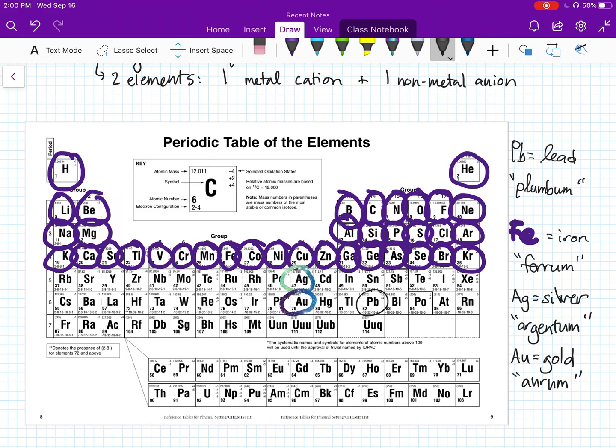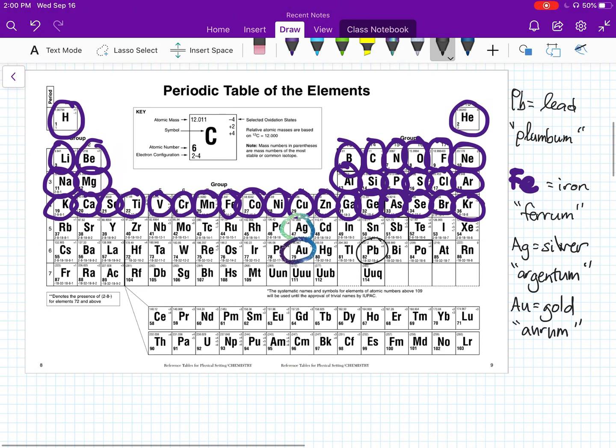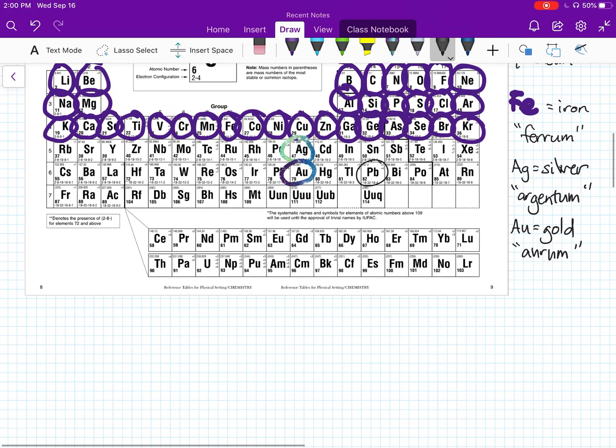So it's important that you know which elements correspond to which names. Potassium is K. The Latin root there is kalium. Sodium is Na from natrium, etc. So you have to know the names of the different elements in order to name binary ionic compounds.